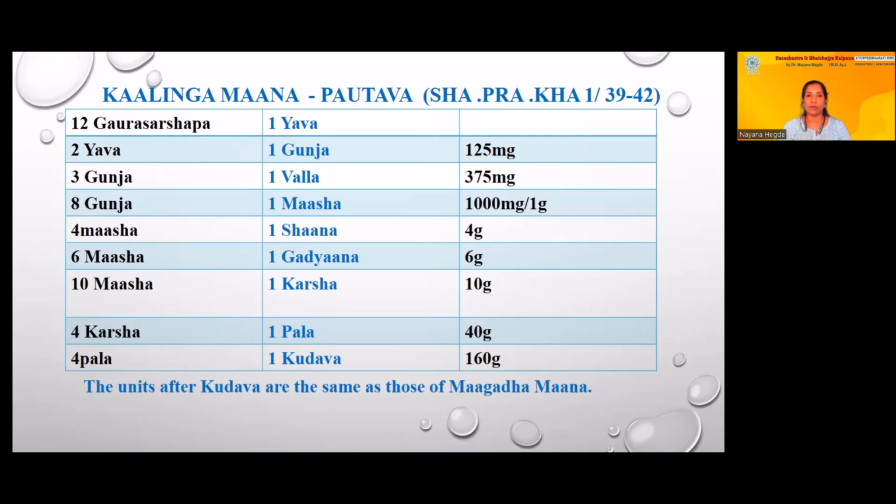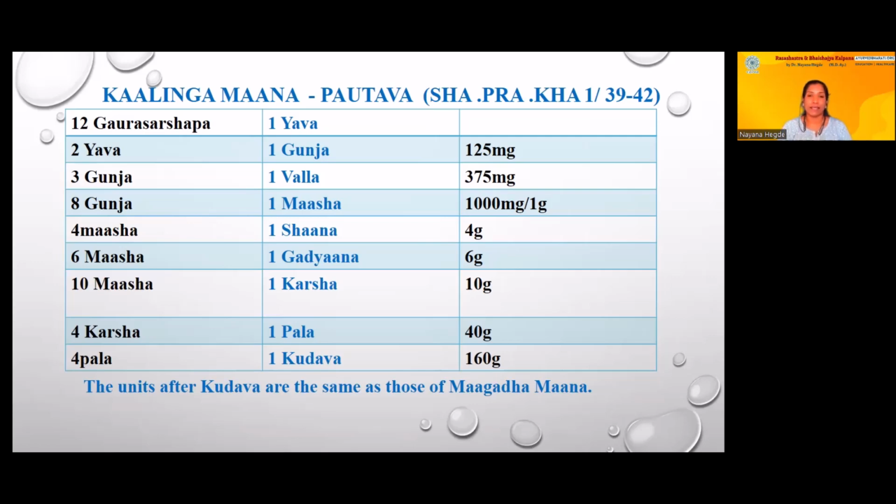4 Pala is equal to 1 Kudava; the metric equivalent is 160 grams. In the Magadhamana, 1 Kudava is equal to 192 grams. So, this many units they have given in the Kalingamana.